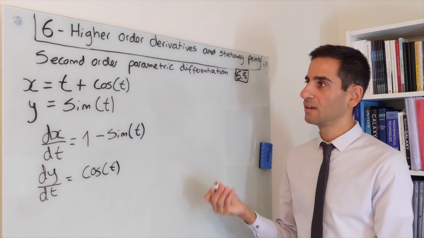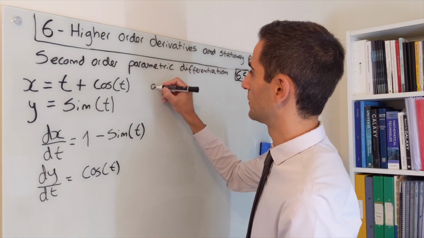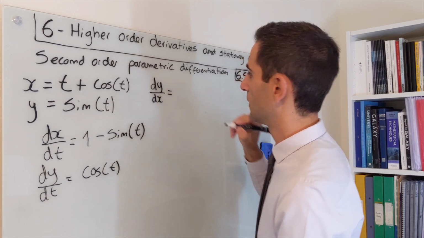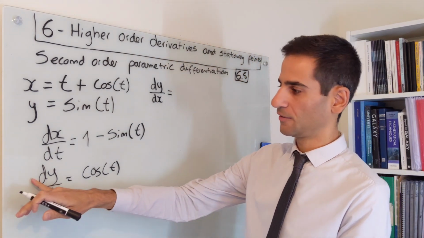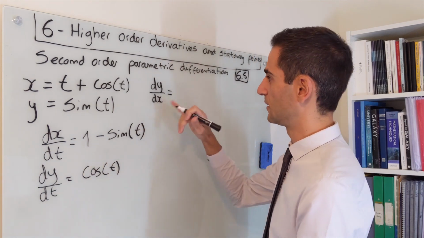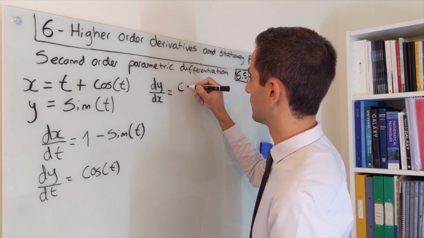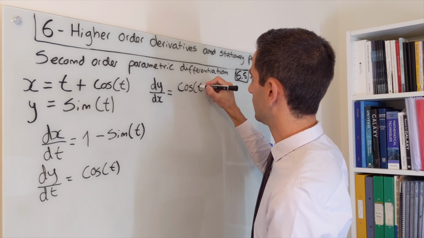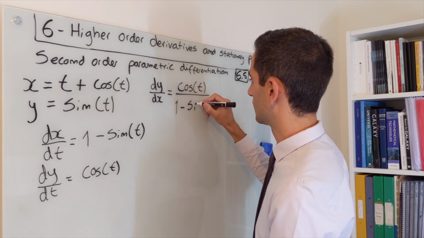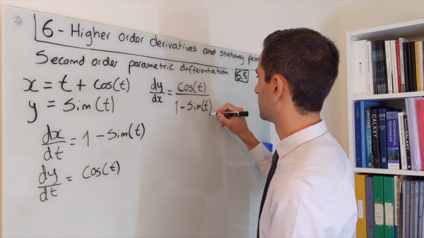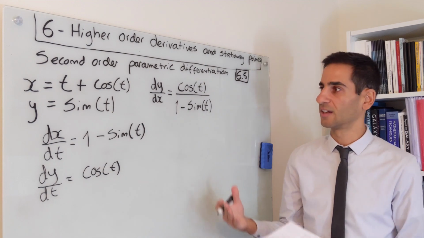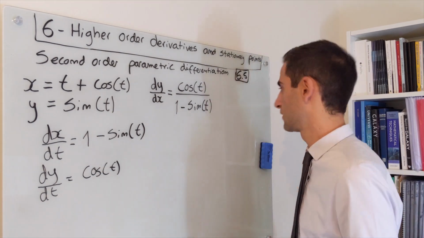Parametric differentiation tells us that we can obtain dy/dx by the ratio of dy/dt and dx/dt. So this means this derivative is cos t over 1 minus sine t. Obtaining the second order derivative means we need to differentiate this again, so why not just try it?